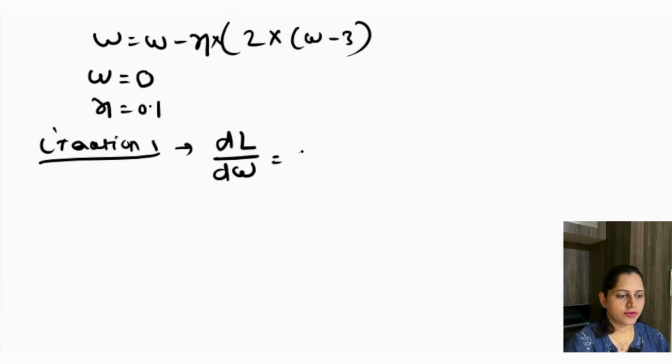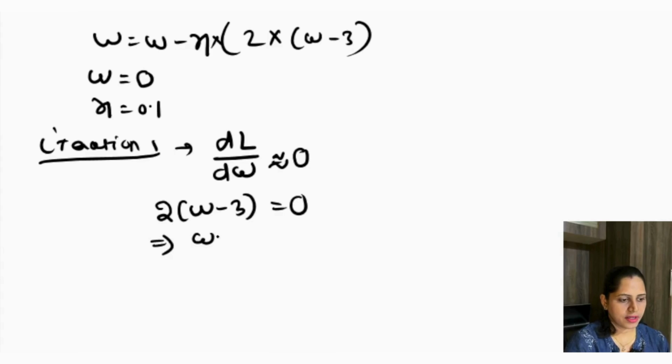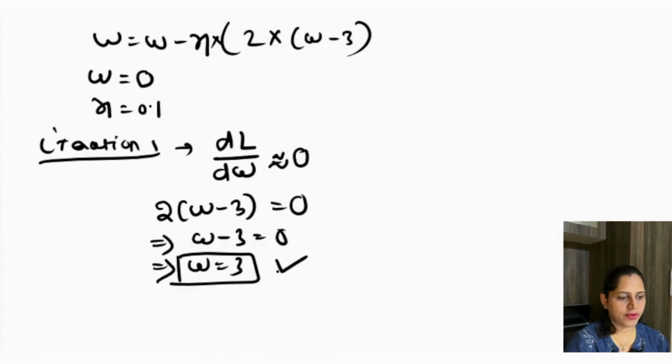I cannot set it exactly to 0, but it should be nearly 0. So when I'm writing like this, 2 into w minus 3 equal to 0. That means w minus 3 equal to 0, w equal to 3. So I have got my weight. That means at w equal to 3, my convergence is happening.